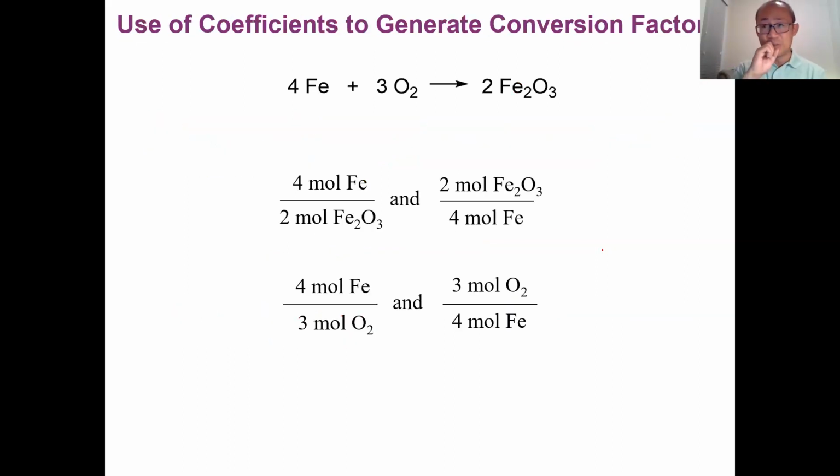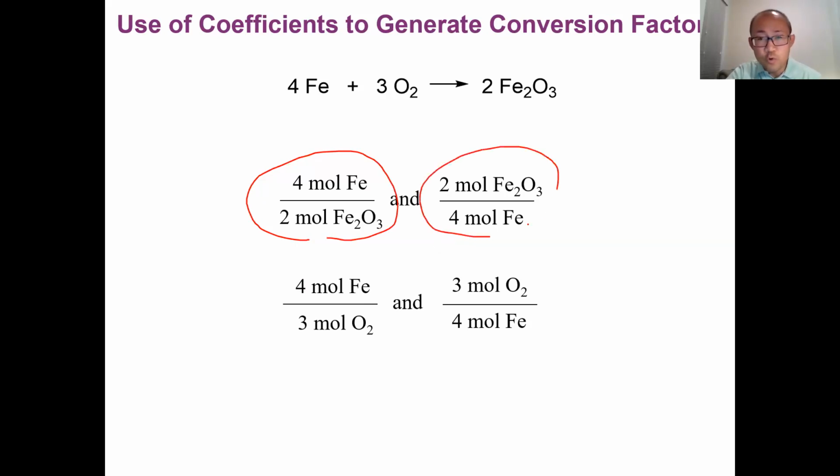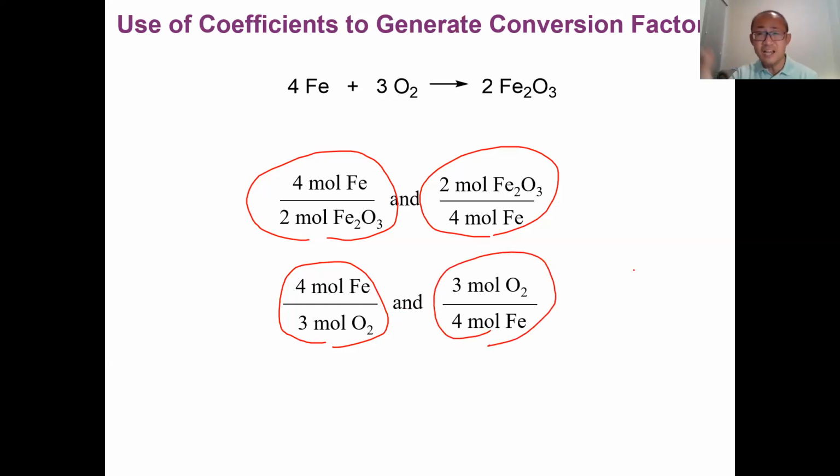Because they relate the substances in moles, I can create many conversion factors relating these substances, all in moles. For example, 4 moles of iron relate to 2 moles of iron oxide, or 2 moles of iron oxide react with 4 moles of iron, or 4 moles of iron relate to 3 moles of oxygen, or 3 moles of oxygen relate to 4 moles of iron. These are the conversion factors, and these numbers come from the coefficients.